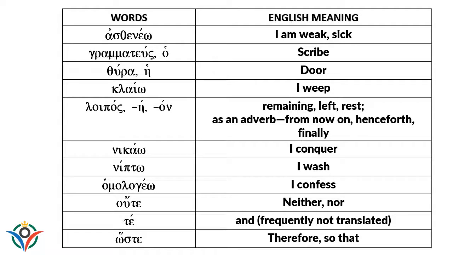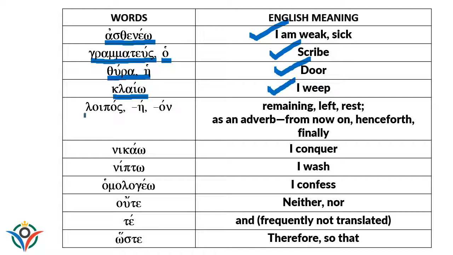So our first word for today is astheneo, which means I am weak or I am sick. Then we have grammateus, which means scribe. Then we have thura, which means door. Next we have klaio, I weep, or sometimes I cry.